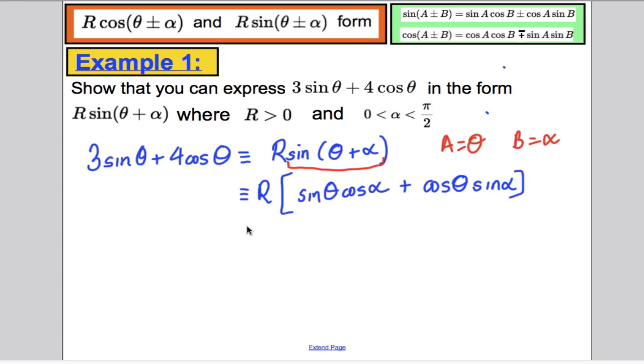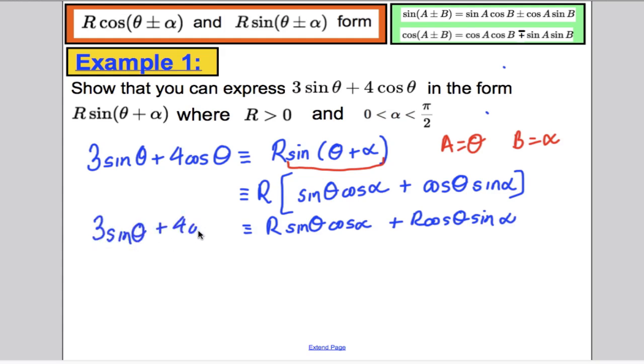And multiplying everything through by the r, that would give us r sin theta cos alpha plus r cos theta sin alpha. And we know, we've been told, that this will be equal to 3 sin theta plus 4 cos theta.